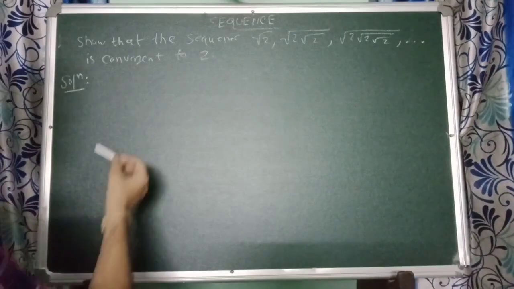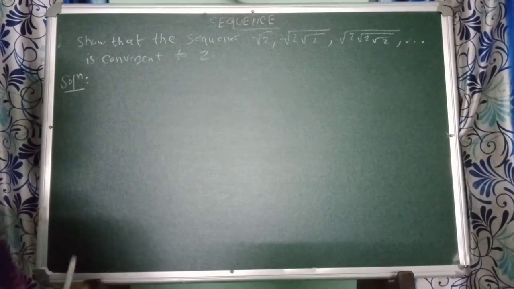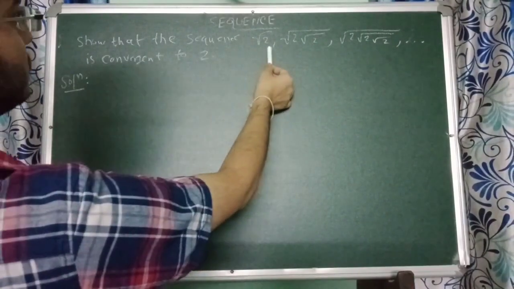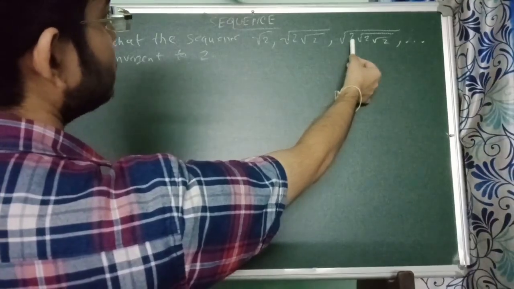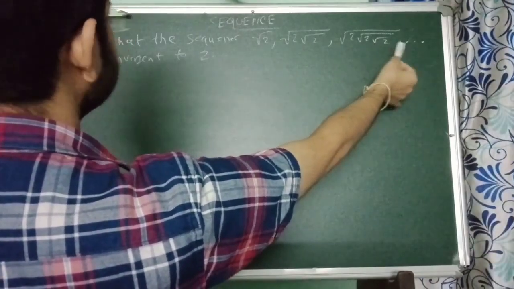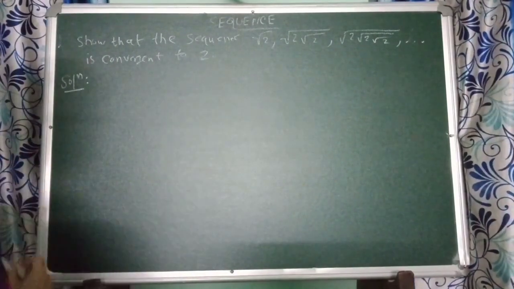Next we discuss a very important question, that the sequence root 2, root of 2 into root 2, root of 2 into root 2 into root 2 and so on is convergent and converges to 2.